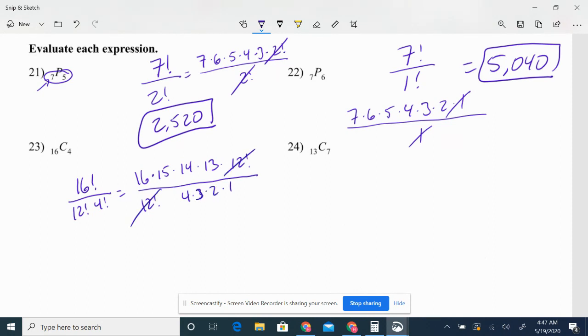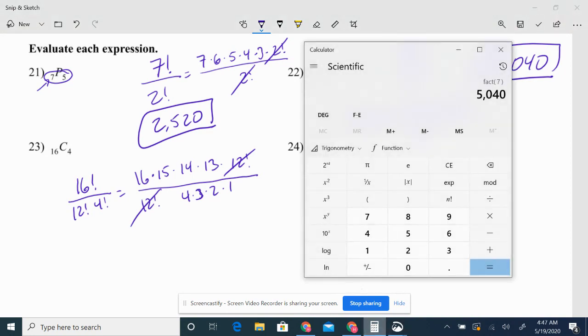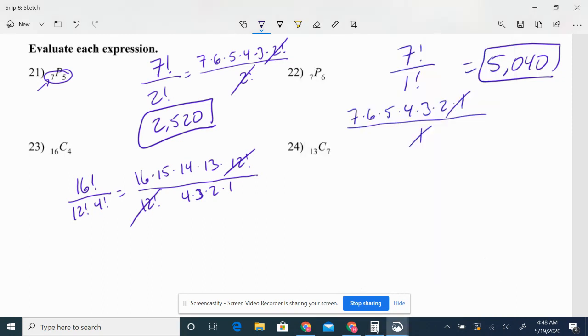So for the top, I have 16 times 15 times 14 times 13, divided by, using parentheses for the bottom, 4 times 3 times 2 times 1, equals 1,820.